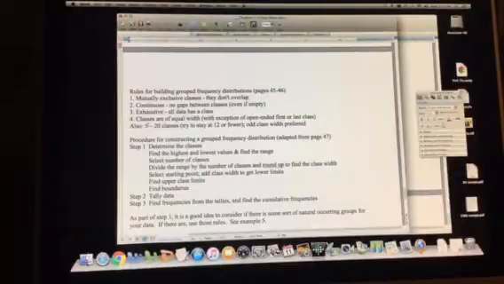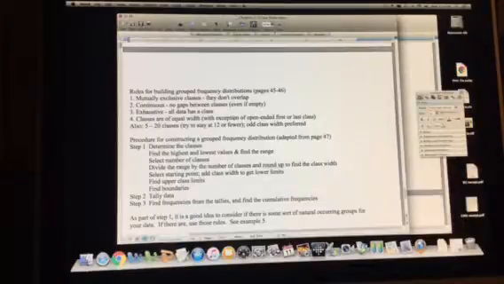Now, 1 and 2 work together to give us number 3. Number 3 is that your classes are exhaustive, which means all data has a class. So by saying they don't overlap, they're wide enough, continuous, with no gaps between them, all data should have a class. Then the final thing, number 4, classes should be of equal width. Now, there is one caveat to that.